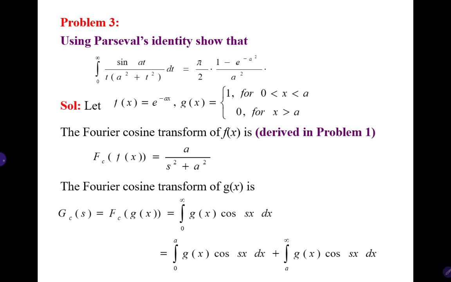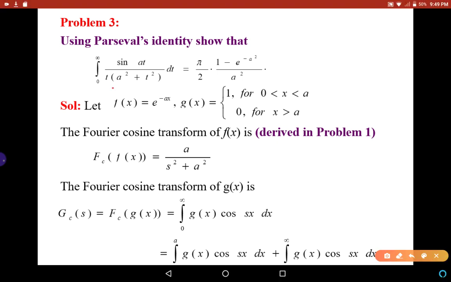Using Parseval's identity, show that the integral 0 to infinity sin at by t into a square plus t square dt is equal to pi by 2 into 1 minus e power minus a square by a square. So we have here 1 by a square plus t square. That is why we take f of x equal to e power minus ax here, and we have sin at by t here.